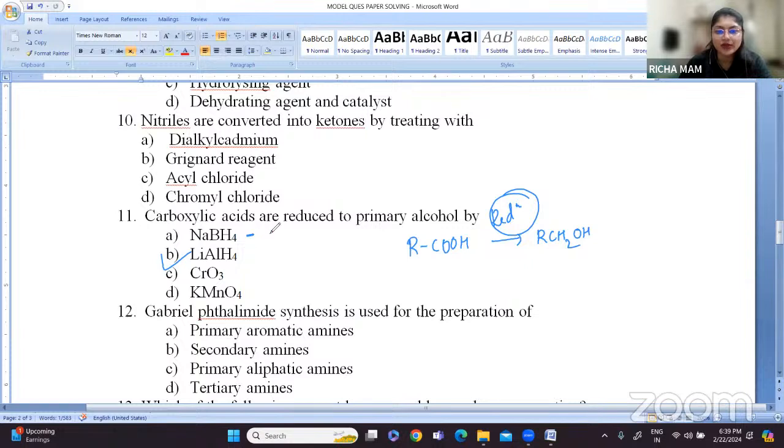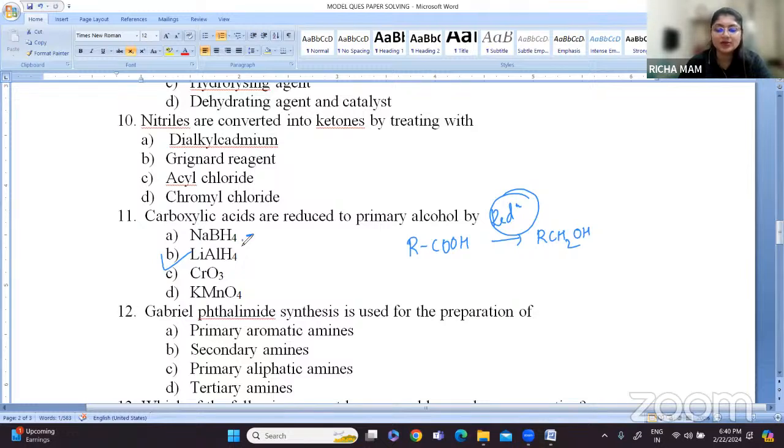Sodium borate is not that strong a reducing agent. It is not strong enough to convert the carboxylic acid into primary alcohol. But lithium aluminum hydride is very strong.